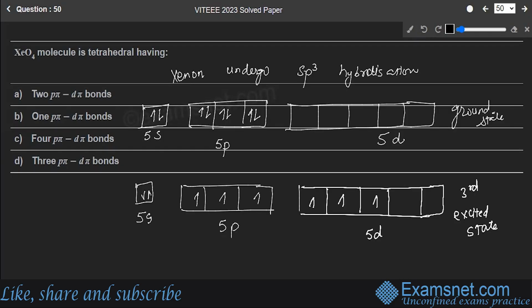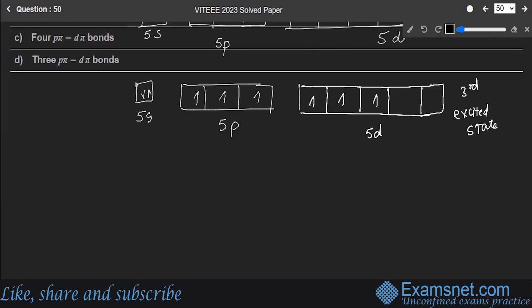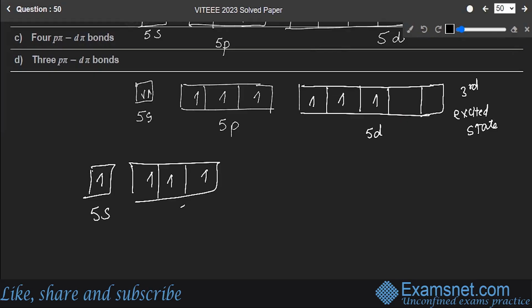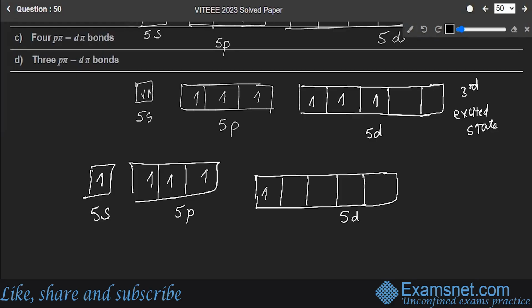And in the fourth excited state, the xenon atom will have 8 unpaired electrons. Let's see how. We'll have 1, 1, 1 in 5s, 5p, and this is 5d, 1, 2, 3, 4. This is the fourth excited state. So now xenon has 8 unpaired electrons.